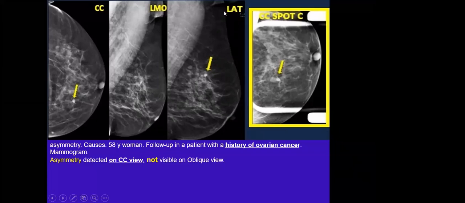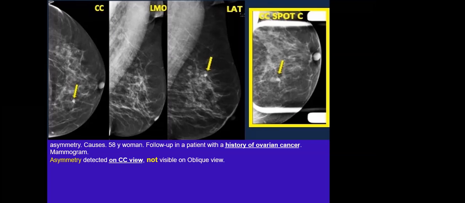It is written here, but I'm trying to pick out the difference. It's written lateral, not mid, not oblique, just lateral. So you expect a straight lateral in case of a lesion seen on MLO, not seen on CC. But even if the lesion is seen on CC, we can do a straight lateral view.